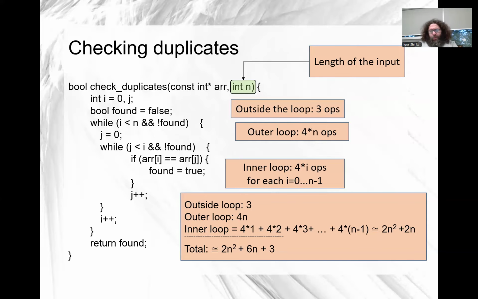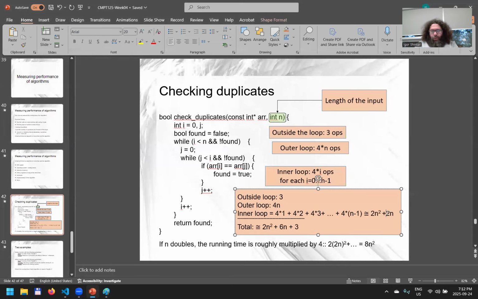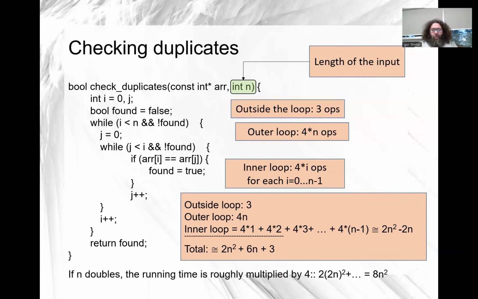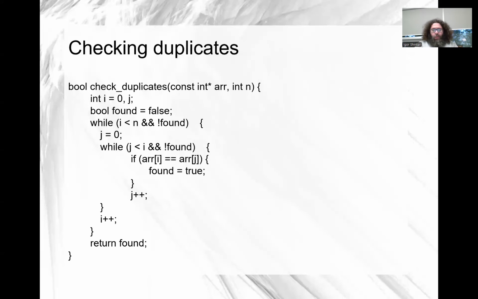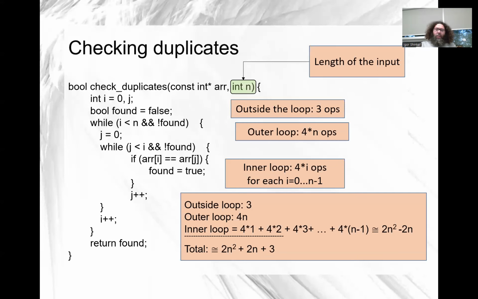I'm pretty sure it's minus n divided by 2, but I could be wrong. If you compute all these, the total running time is approximately this.